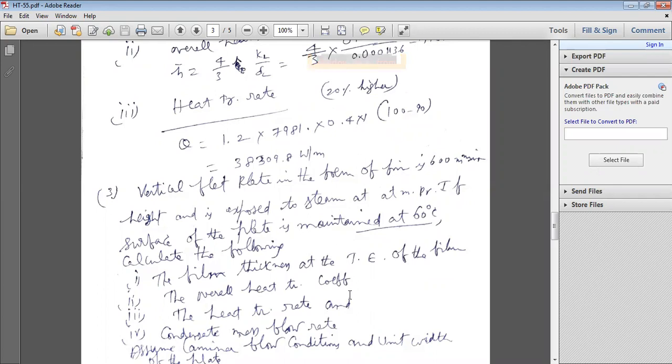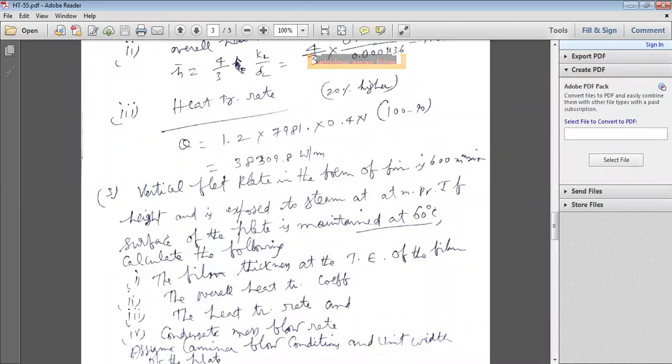Heat transfer rate Q, H bar into area into T saturation minus Ts. And the fourth is the condensate mass flow rate, that is, the mass that is condensed. So these are the four parameters that you are supposed to calculate.